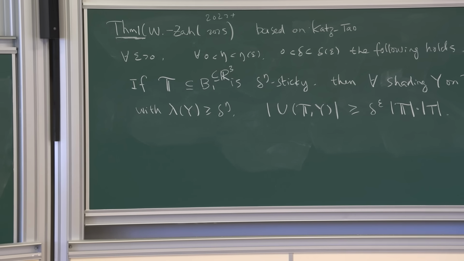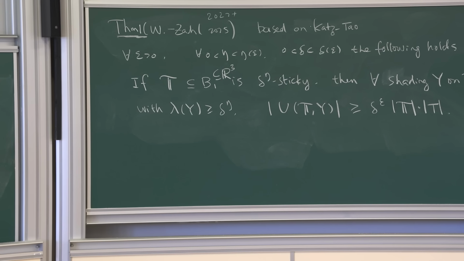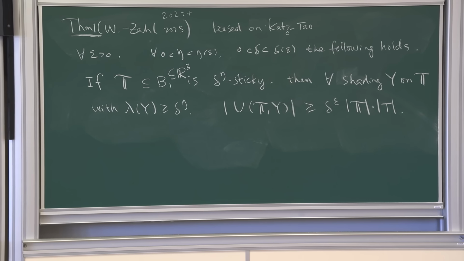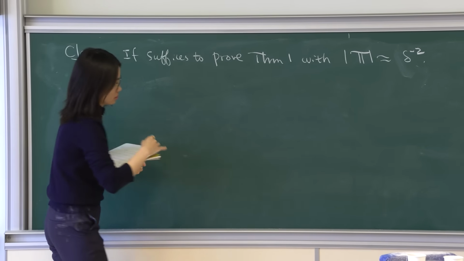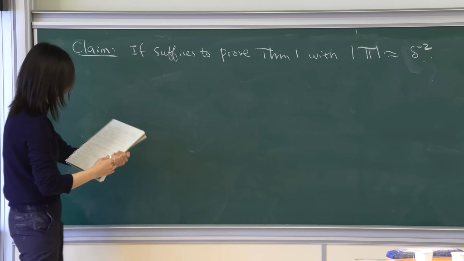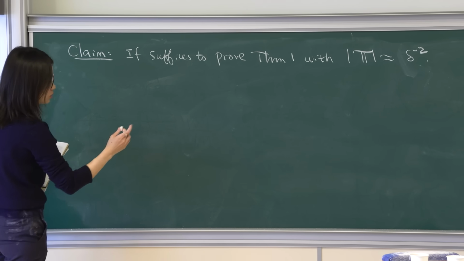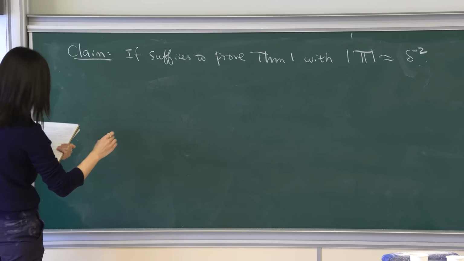It's still unknown in higher dimensions. So on this claim, I'm also just going to sketch the idea of how to do it. It's just some randomizing argument and manipulation of those Katz-Tao constants.